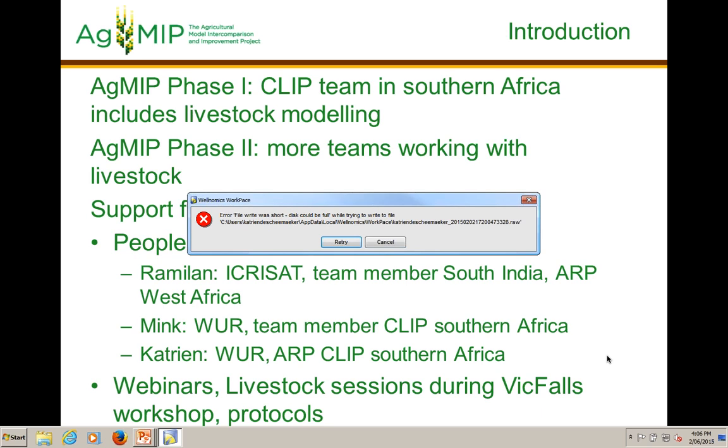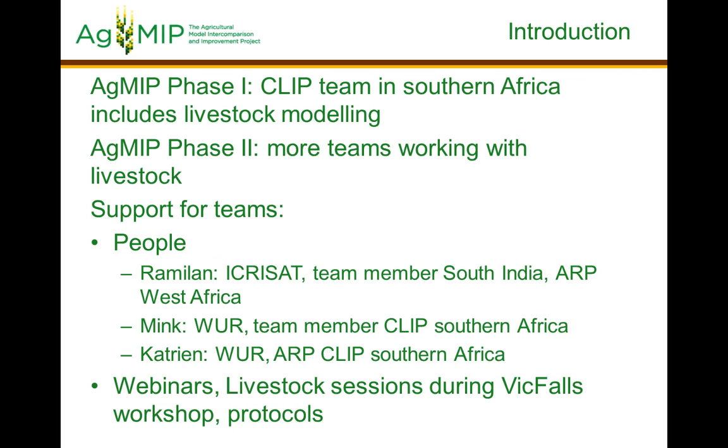And now that we're moving into phase 2, more and more teams have expressed an interest to introduce livestock and include it in their integrated analyses. And because of that, we have been thinking about how we can support those new teams in terms of their efforts in livestock modeling.